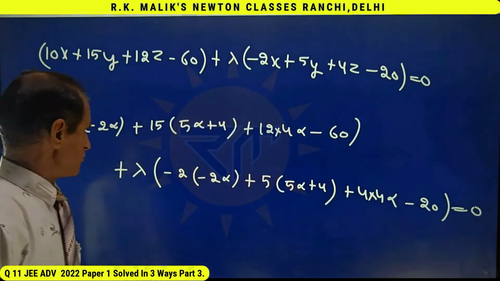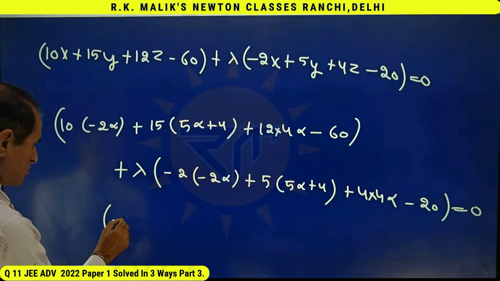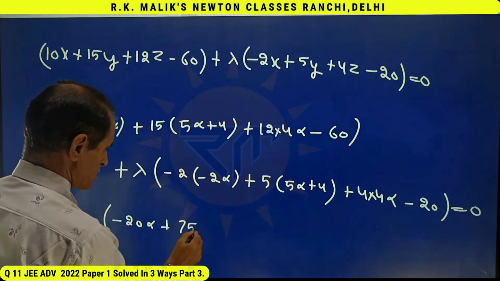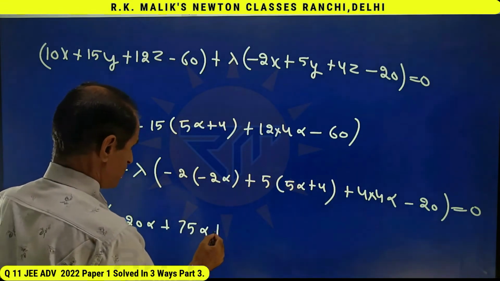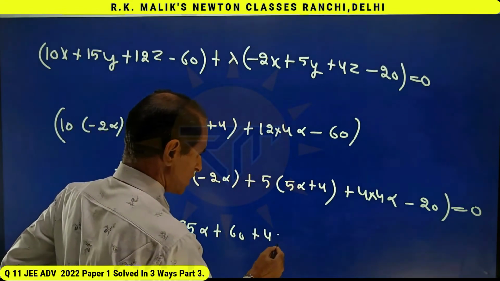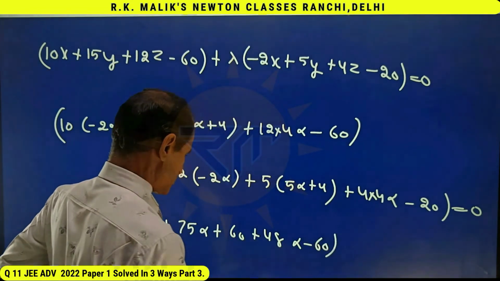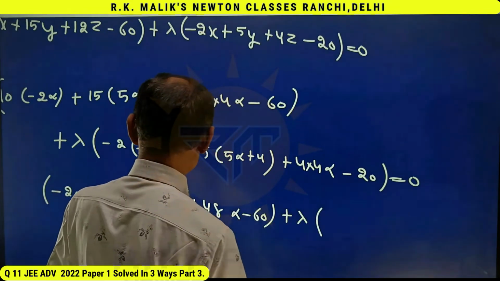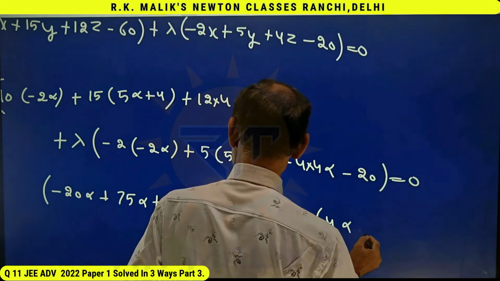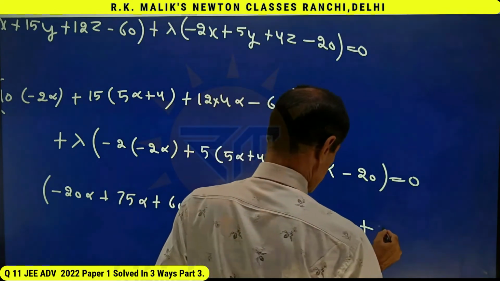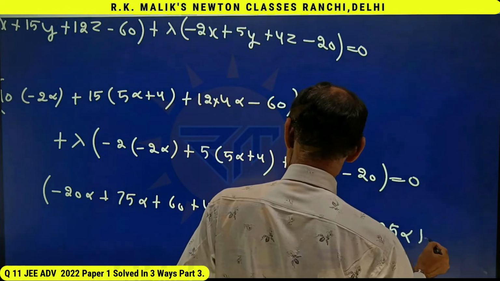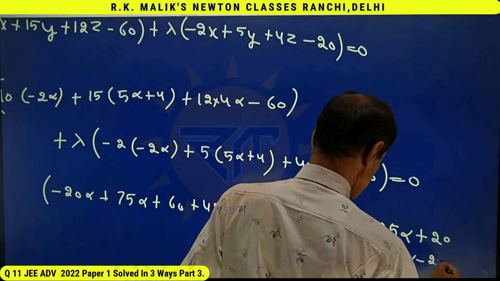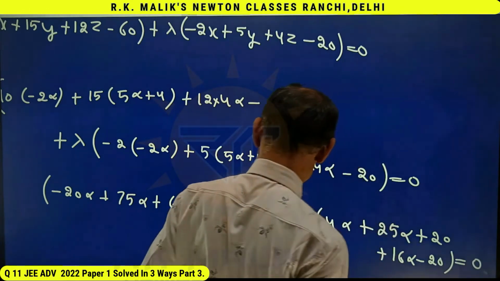equal to 0. That is, I get minus 20 alpha plus 75 alpha plus 60 plus 48 alpha minus 60 plus lambda into 4 alpha plus 25 alpha plus 20 plus 16 alpha minus 20 equal to 0.